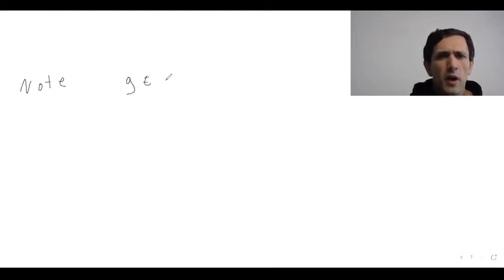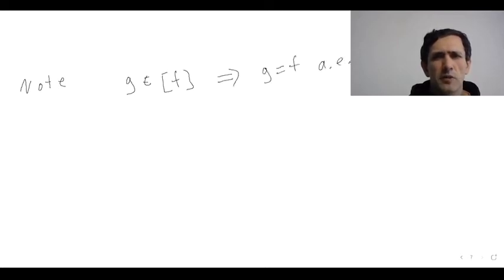That's pretty trivial. G in this equivalence class is the same thing as saying G equals F almost everywhere. And that means these LP norms are obviously the same.